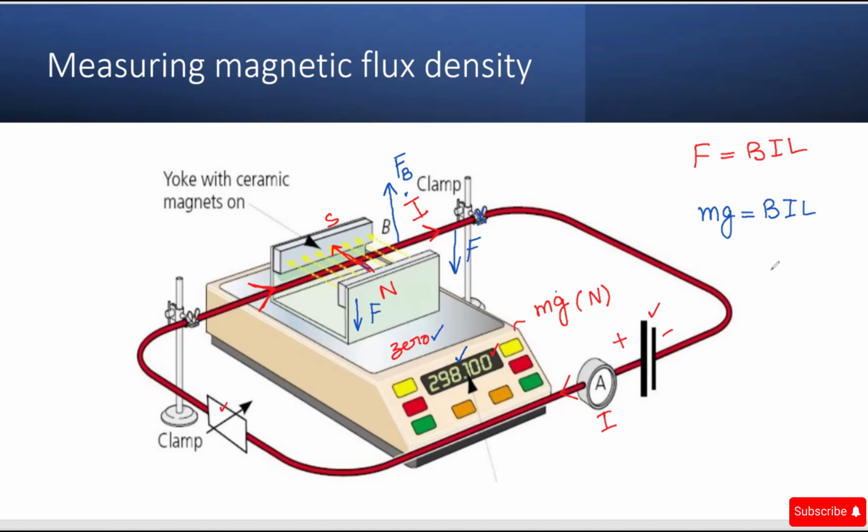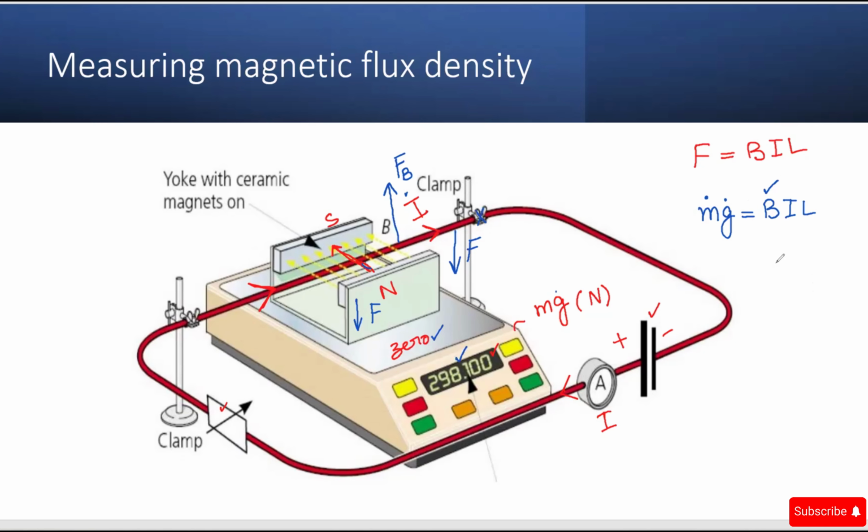Using this formula, you can measure the magnetic flux density of your bar magnet, because this mass we have already observed from this scale.